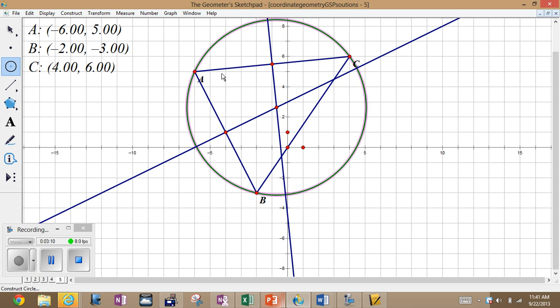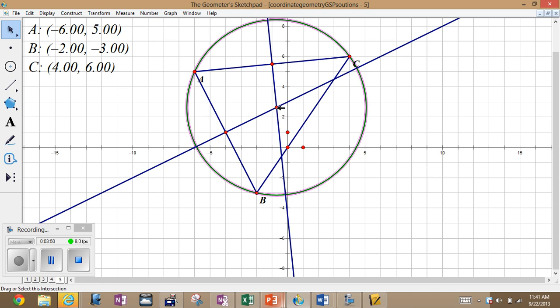So any of these problems where what you're after is the equation of the circumscribed circle around a triangle, what you need to do is find the equations of the perpendicular bisectors of 2 of the 3 sides, and then find their point of intersection, and that point of intersection is the center of the circle.